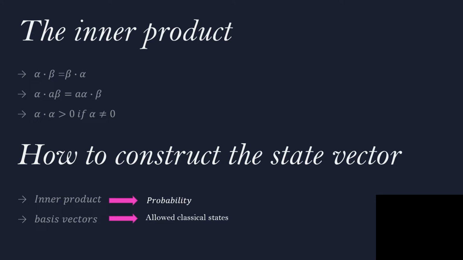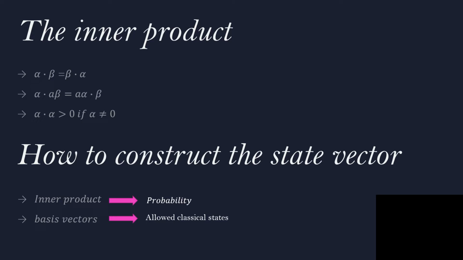But the way that we mathematically go about describing a state a bit more rigorously is we use an operation called the inner product. Now here I've got the inner product in terms of alpha and beta Greek letters, where alpha and beta are vectors, and we're taking the inner product between the vectors.